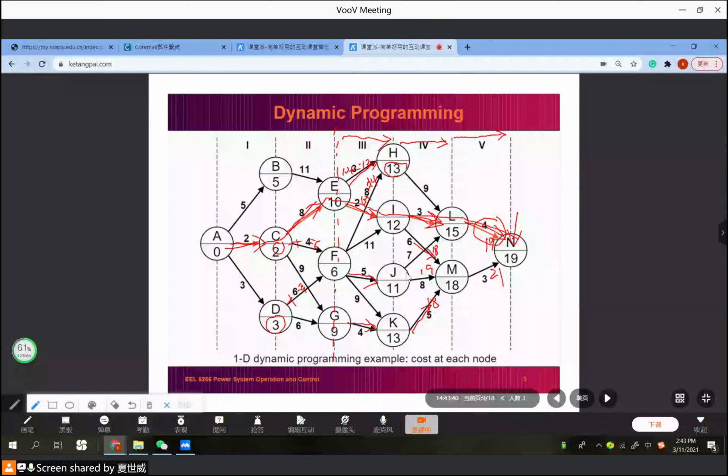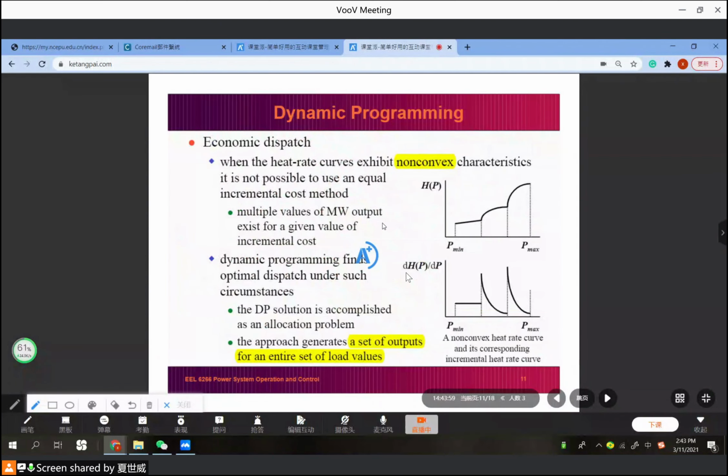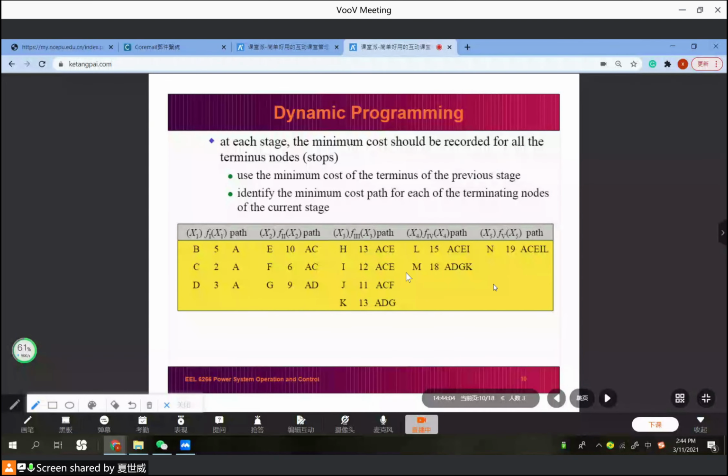To solve this problem, we don't calculate the first order derivative of the input output curve. We just compare some possible paths and find the best path. So in this example, I just showed you how to solve a mathematical problem by dynamic programming.